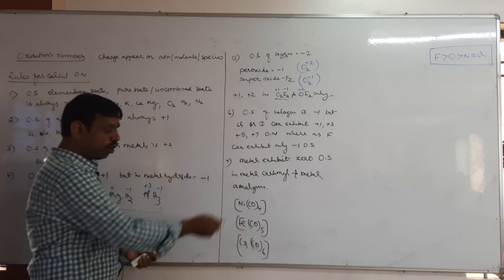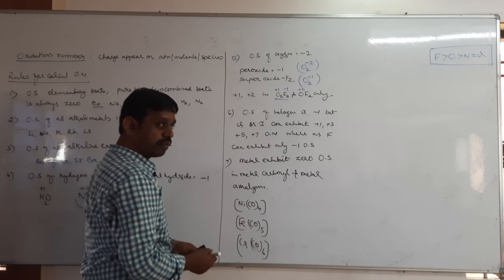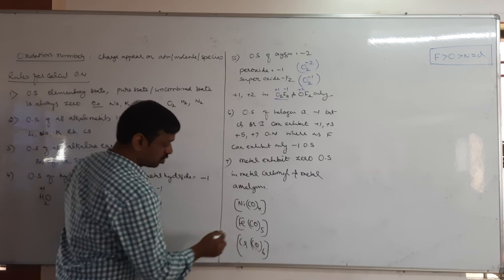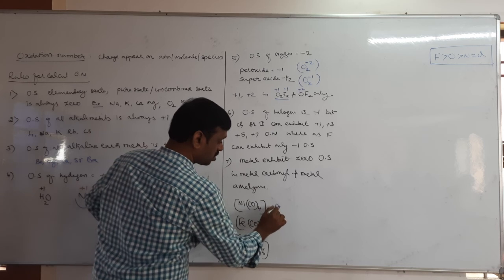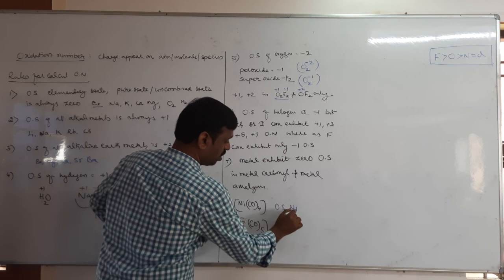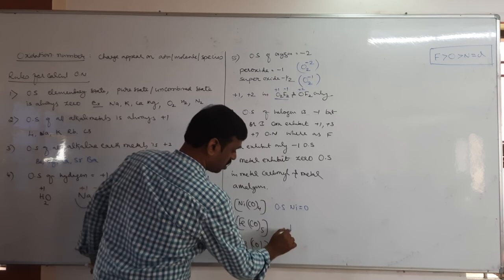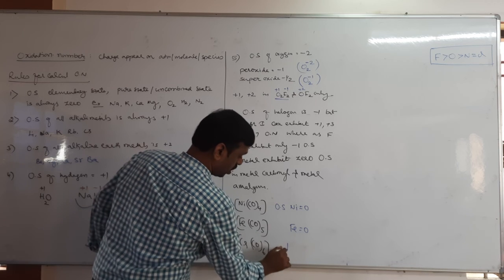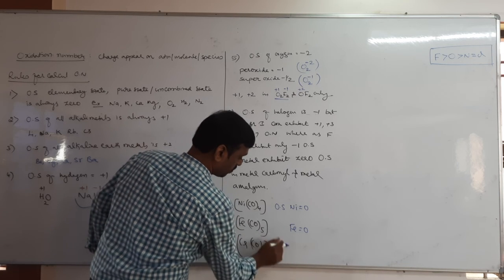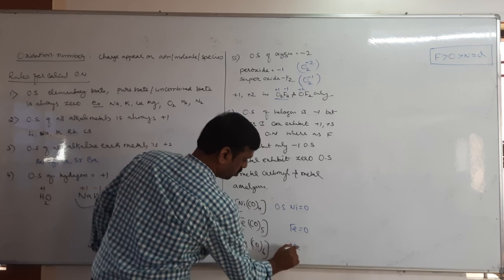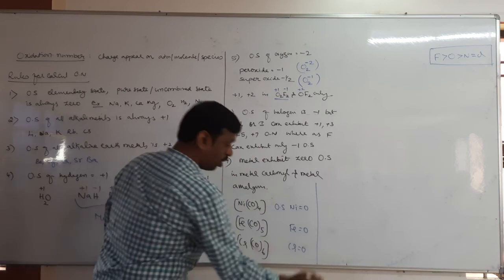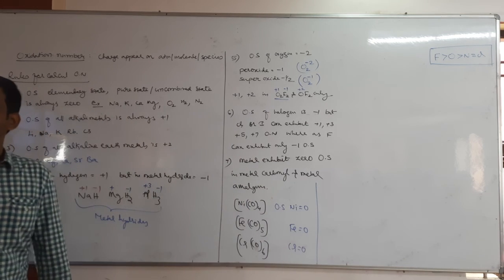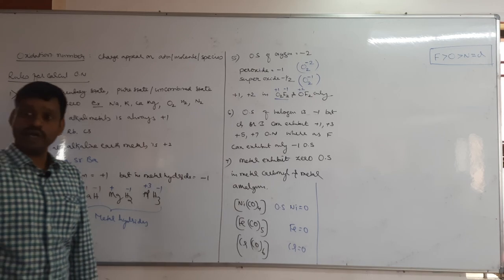In all these metal carbonyls, CO, carbon monoxide, is a ligand. So what is the OS of nickel? 0. OS of iron? 0. What is the OS of chromium? It is also 0. That means in all metal carbonyls, metal has 0 OS.